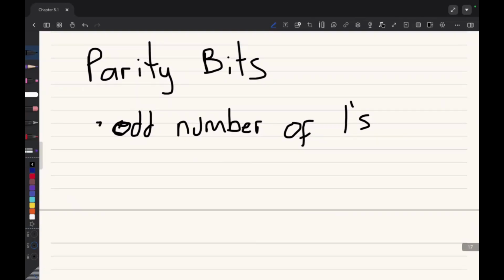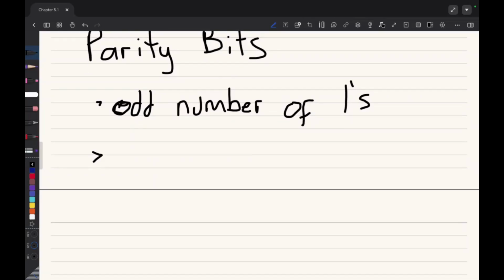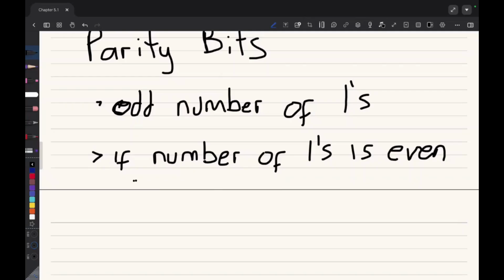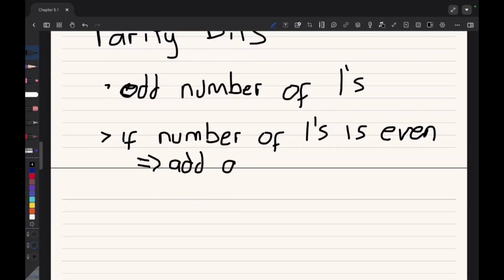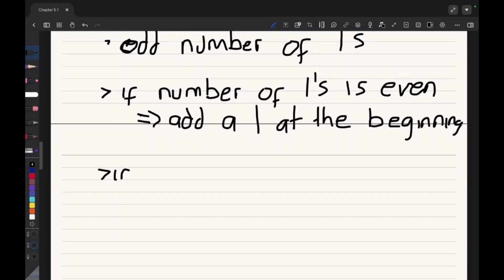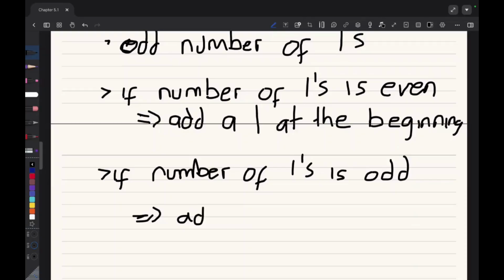Every time you get a binary number, you need to have an odd number of ones in this specific case. Now, if the number of ones is even, you're going to add a 1 at the beginning. And if the number of ones is odd, add a 0 at the beginning.